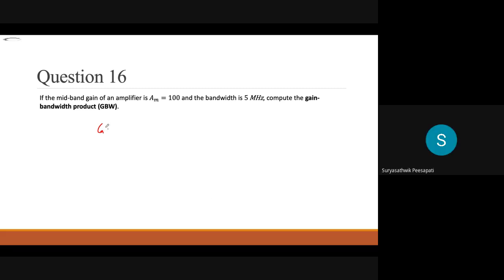GBW is equal to AM into bandwidth. Just gain bandwidth product. Gain into bandwidth. What is the value of this AM? It is 100.